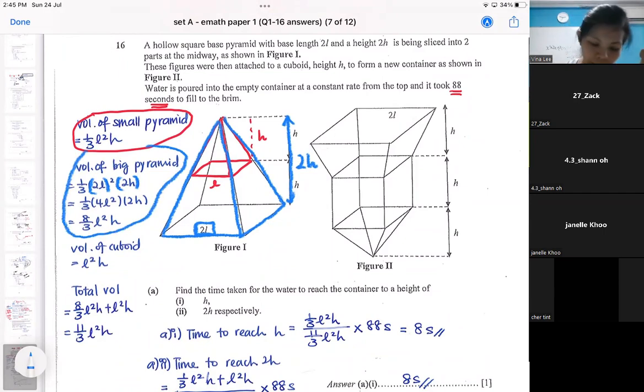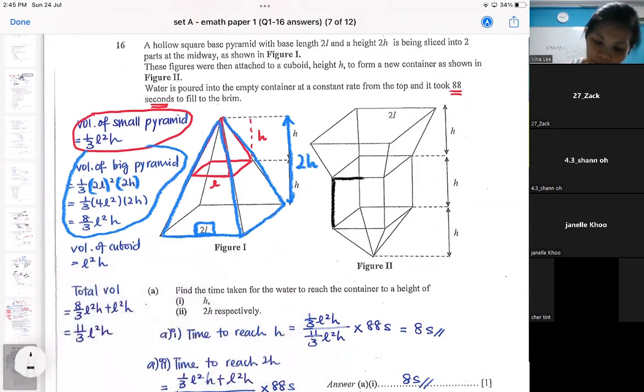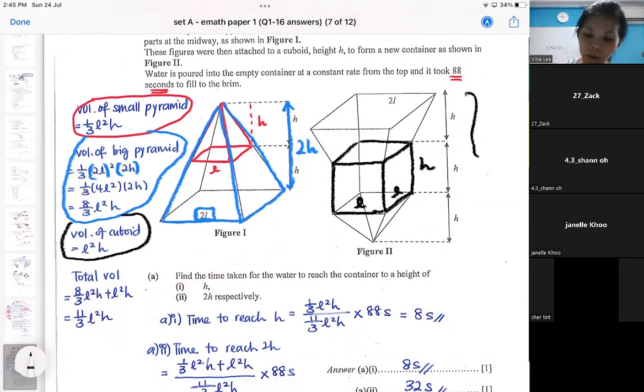After that, I got the cuboid that they insert in between. So you can tell that it's L here, and then this part is H. So I calculated the cuboid so that I can know the total volume.